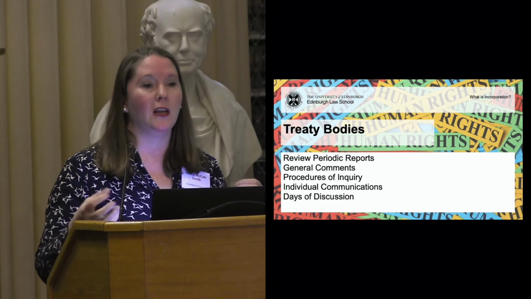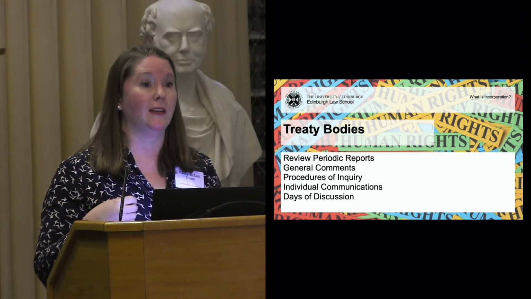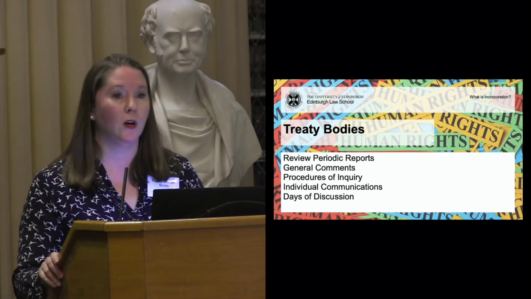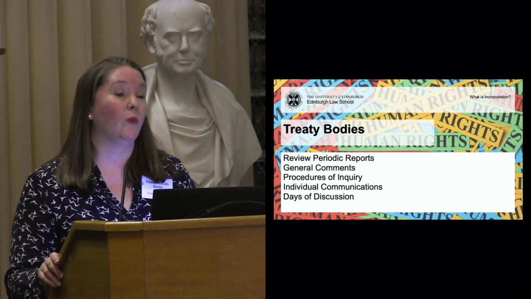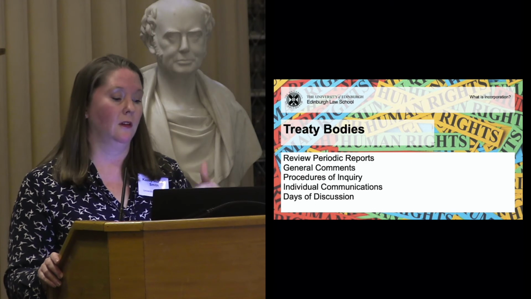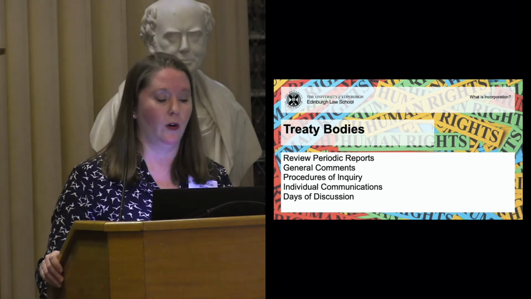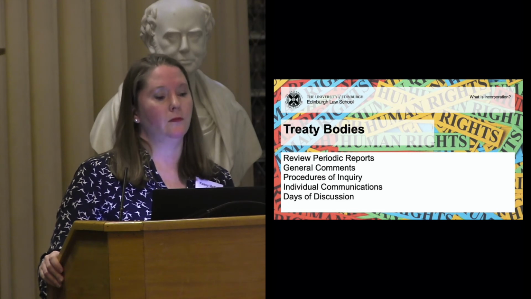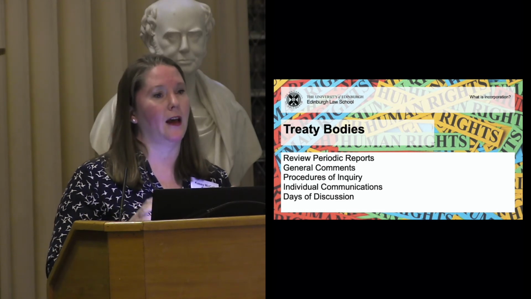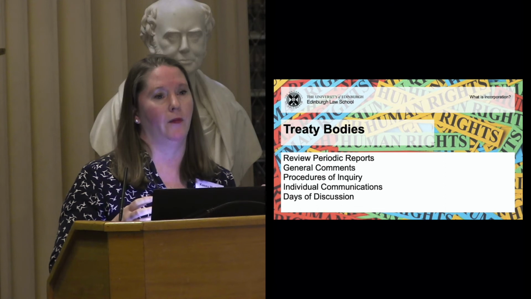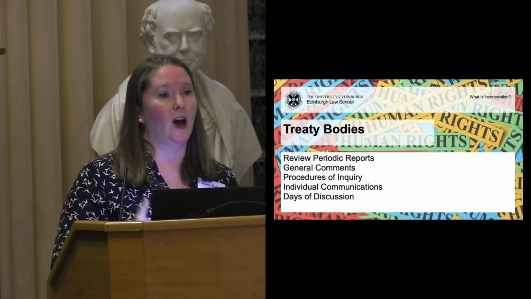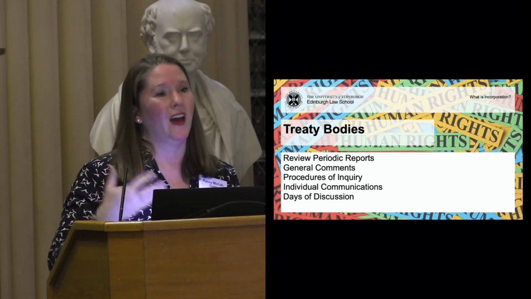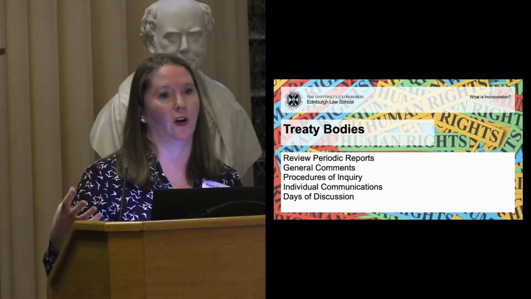The treaty bodies have an obligation, and the states have an obligation, to engage with treaty bodies using periodic reports, reading their general comments, engaging with procedures of inquiry, individual communication, and days of discussion. These different elements of treaty bodies' processes help us determine the baseline for rights protection and also how rights are changing across the world.